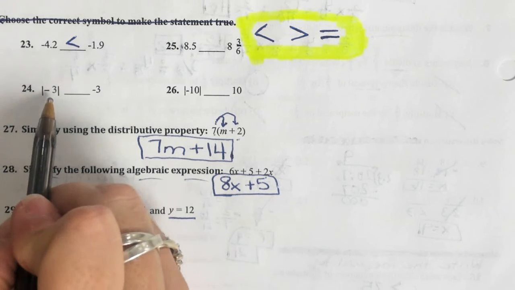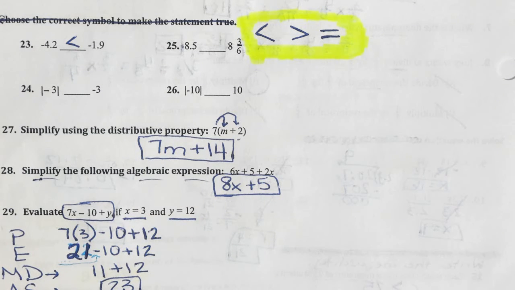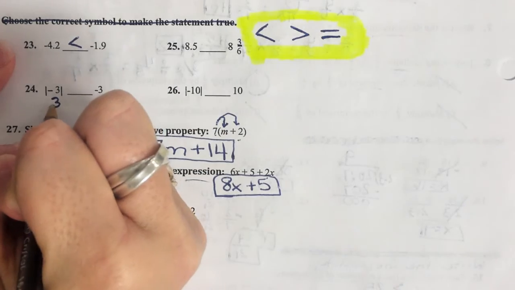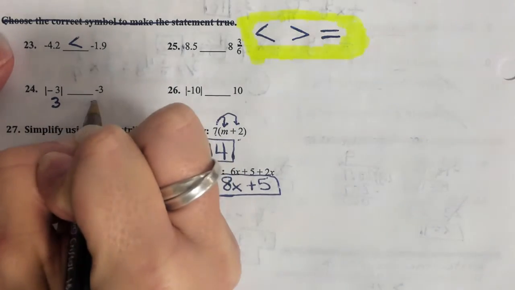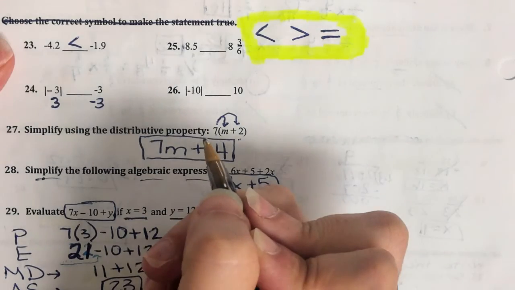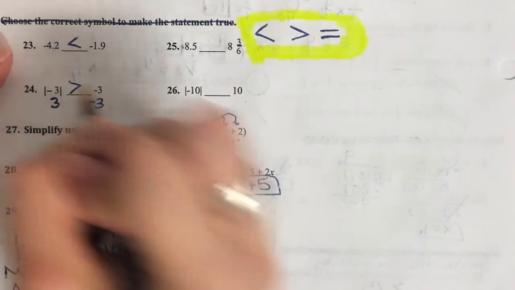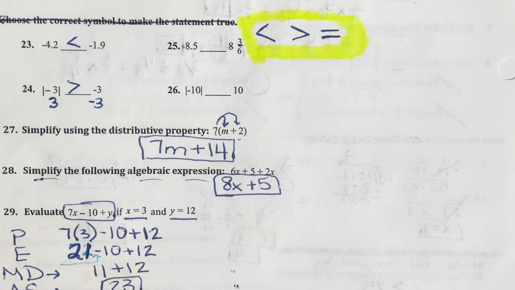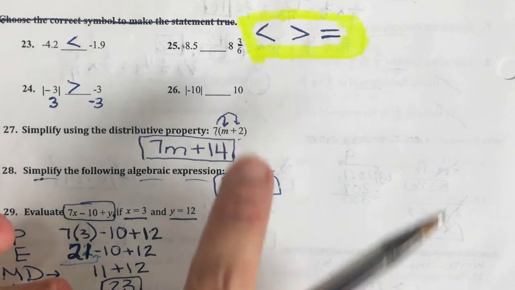So that -3 with absolute value bars means turn it to a positive. So really what these bars tell you is, for this one, this is 3. This is -3. So 3 is greater than. But those bars are what's changing stuff in that one, okay?